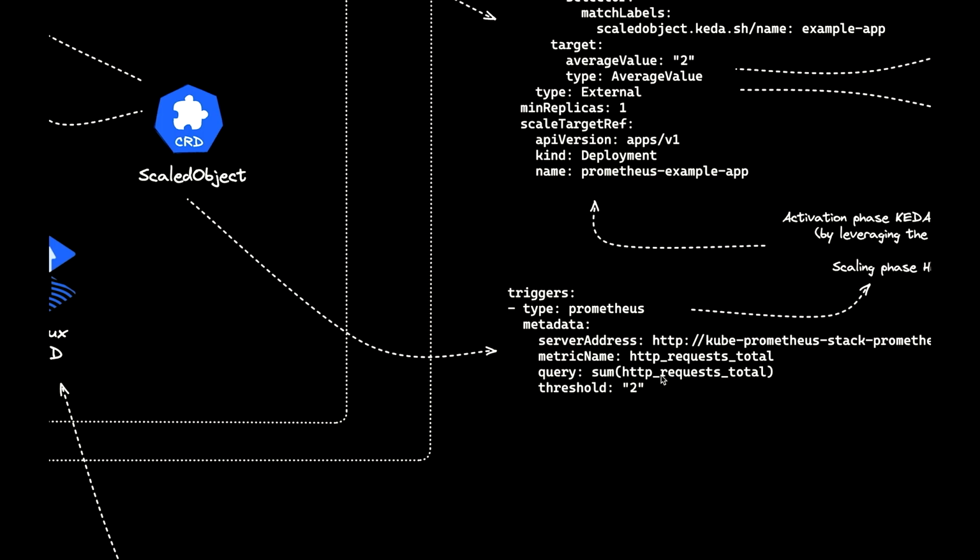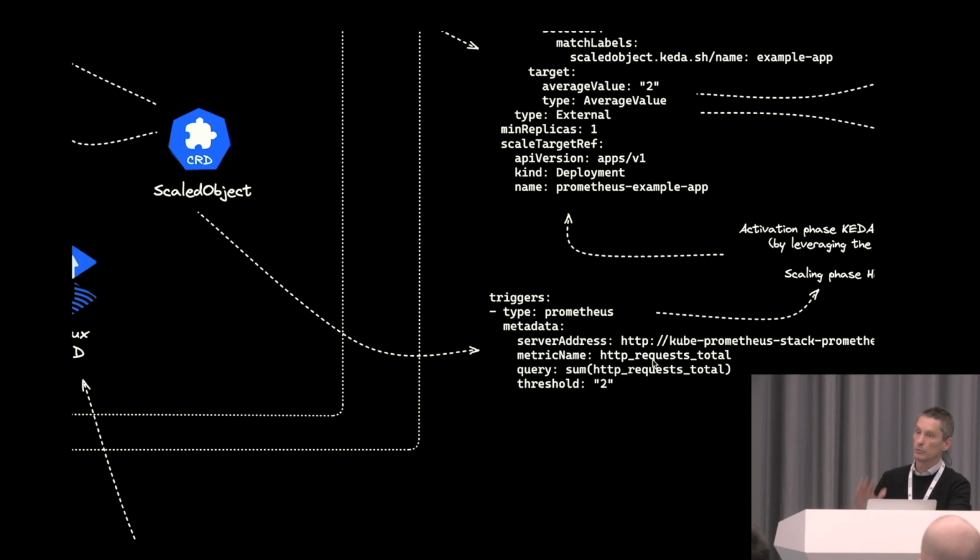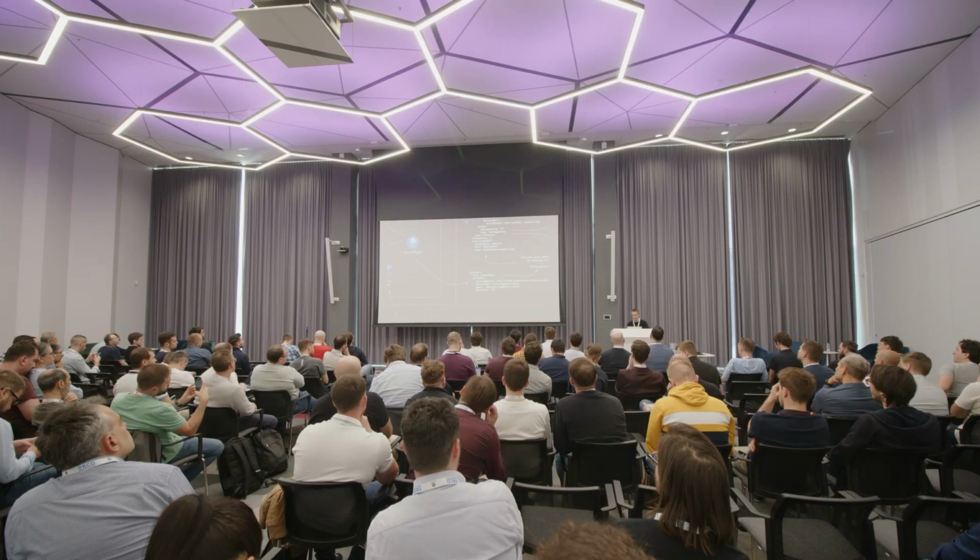It shows that I'm pulling the HTTP requests total, which is a metric exposed by my little application. And I am setting a threshold of 2, meaning that at the level of 2 requests, KEDA will kick in to scale my deployment in this case.